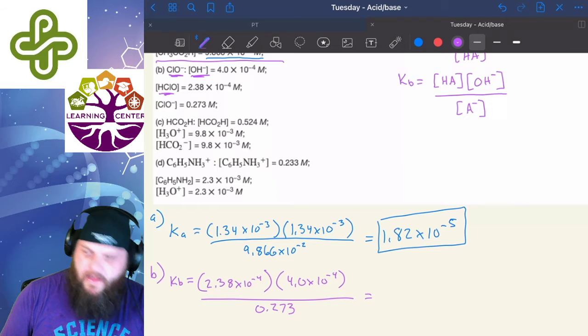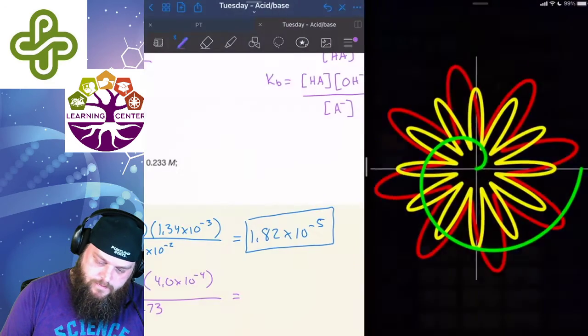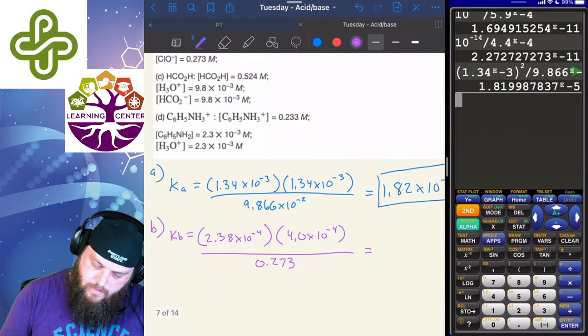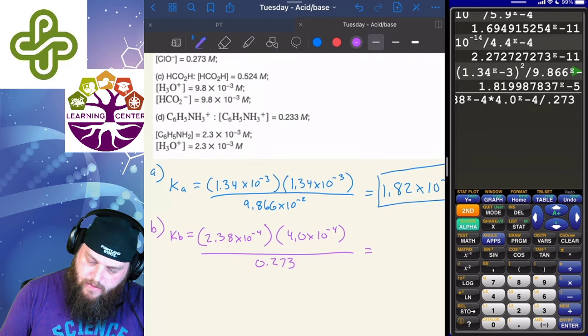We can plug that in and see what we get. So that's 2.38 times 10 to the negative 4, multiplied by 4.0 times 10 to the negative 4, and divided by 0.273.